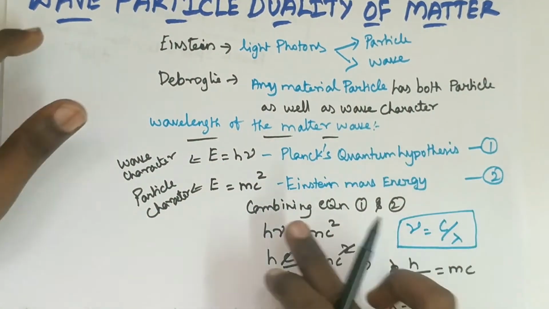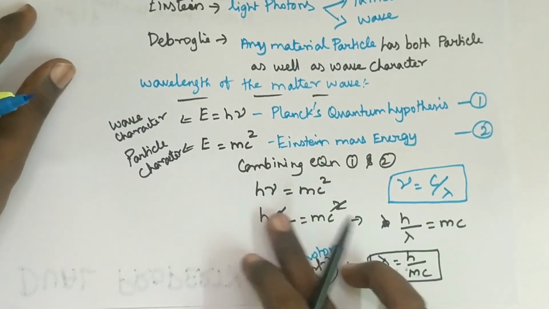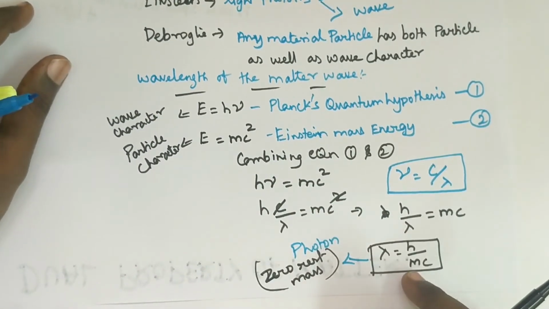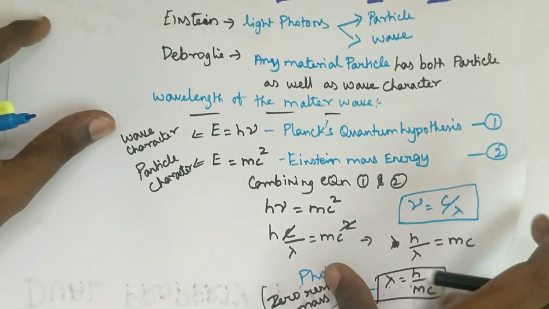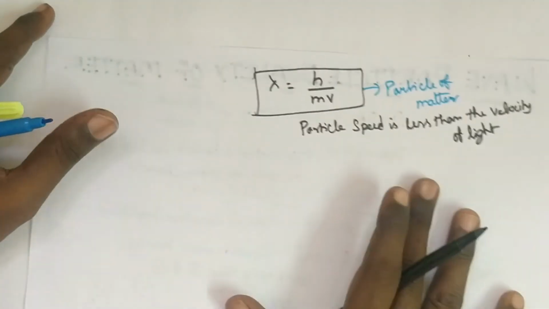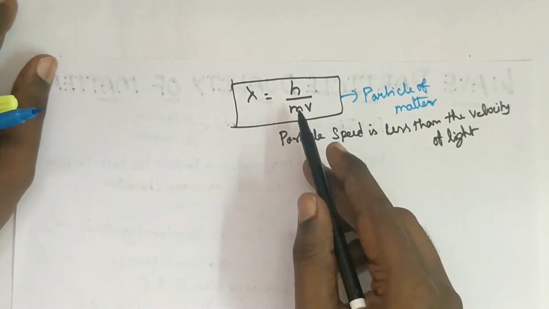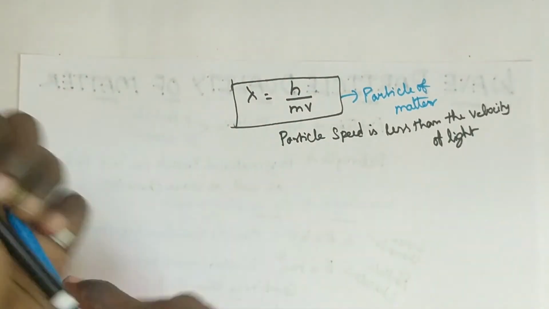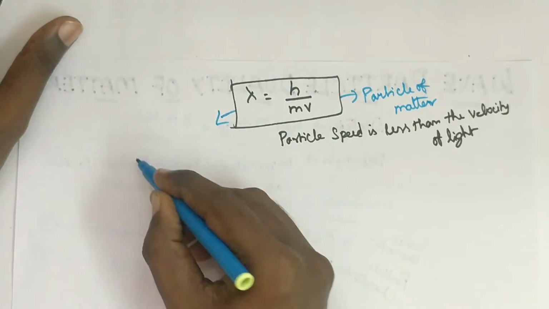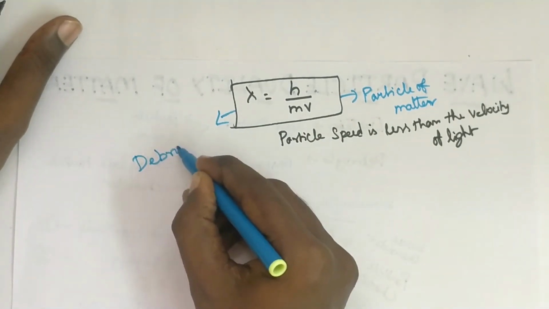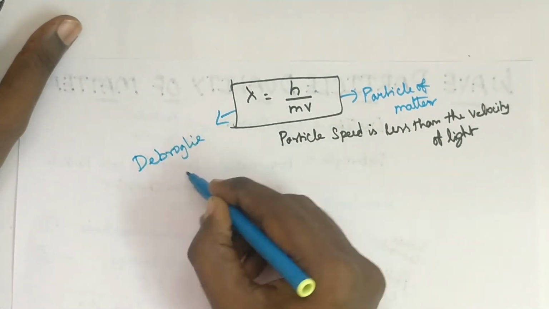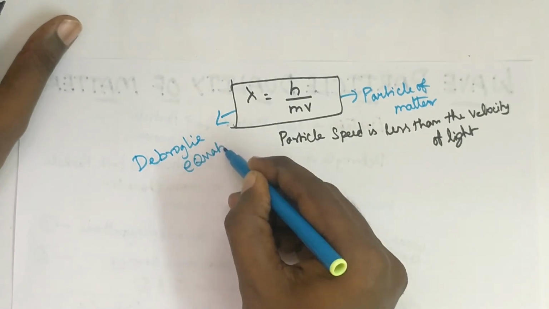Then you mention that combining these equations you get lambda is equal to h by mc in case of photons, and finally in case of a particle the equation is lambda is equal to h by mv. This is called the de Broglie equation.